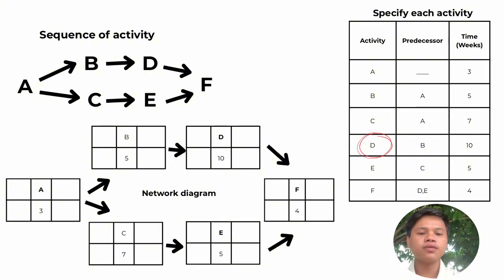The predecessor of D is B, and the time needed is 10 weeks. The predecessor of E is C, and the time needed is 5 weeks. The predecessors of F are D and E, and the time needed is 4 weeks.